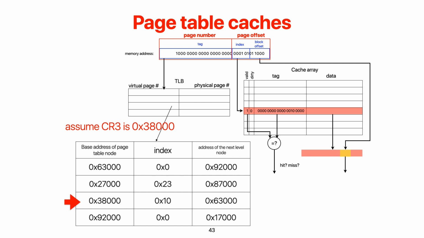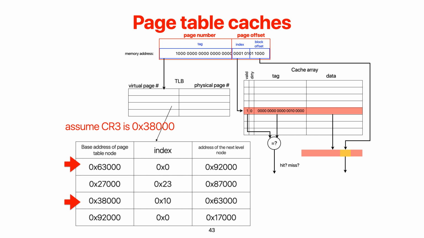0x63000. Now, having obtained this address, the MMU goes to the page table caches again, and we figure out we have 63,000 in the page table cache. And if we are lucky enough that what we want is the zeroth index in this page table node, we can also get the next label node as 92,000.